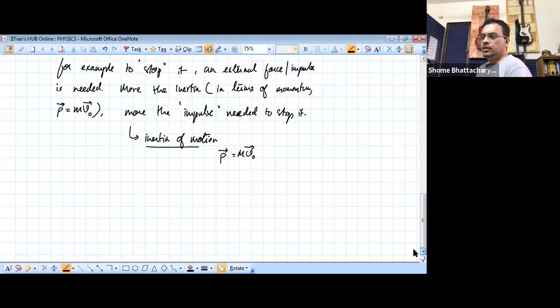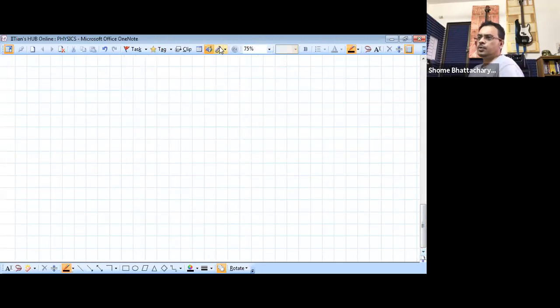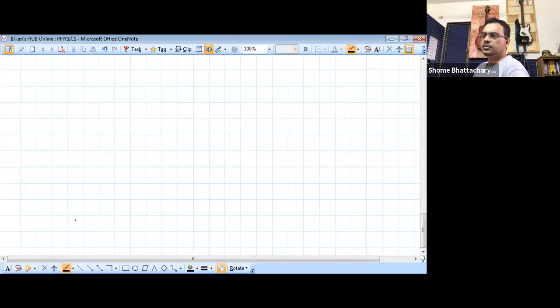Okay. Now, another example to understand this property of inertia would be something like this. Imagine again, on the surface of a carom table, you have a carom coin which is moving with a velocity like this.